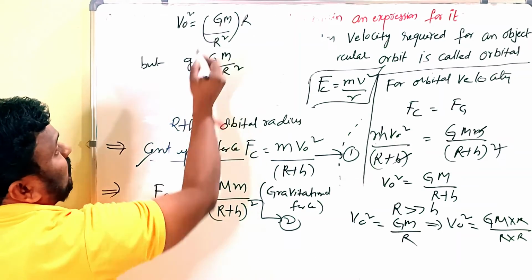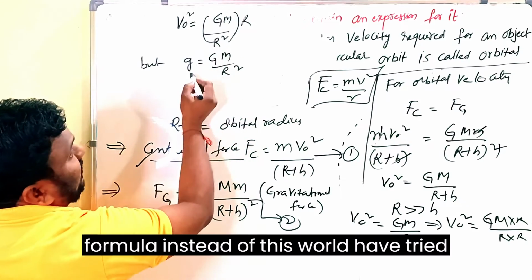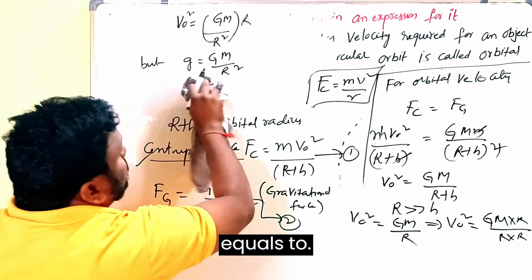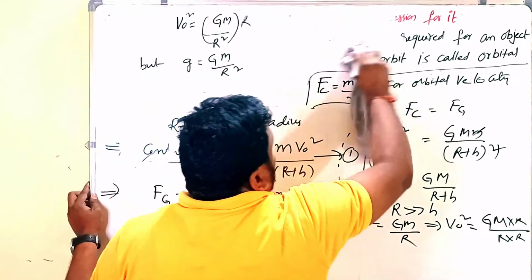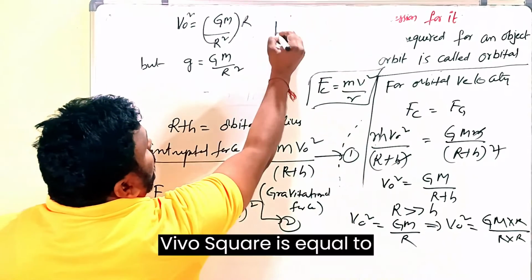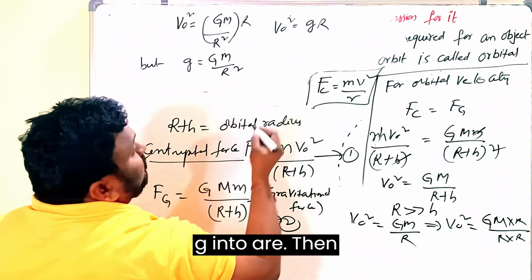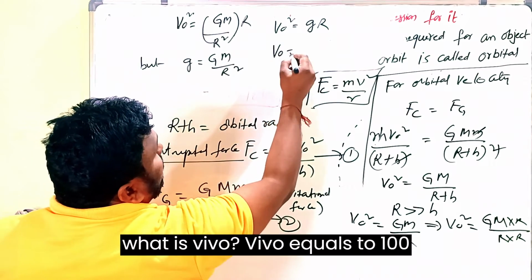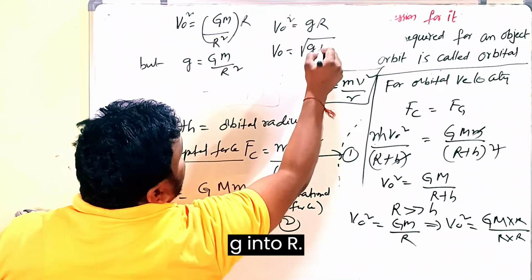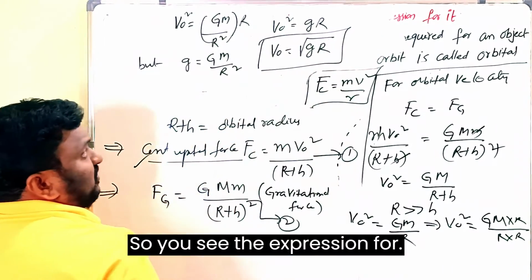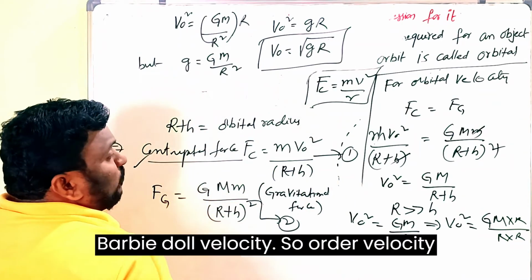So instead of this, we write g. Therefore Vo square equals g R, and Vo equals under root of gR. This is the expression for orbital velocity.